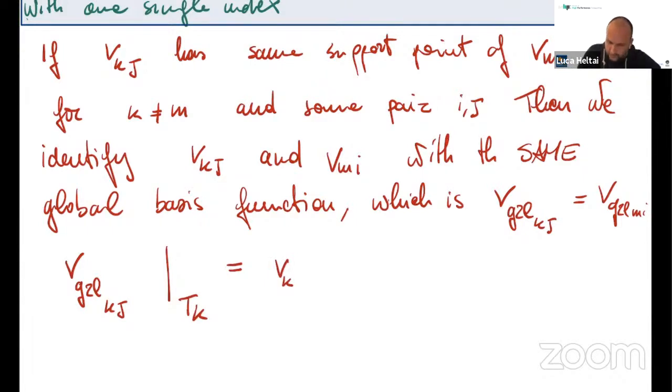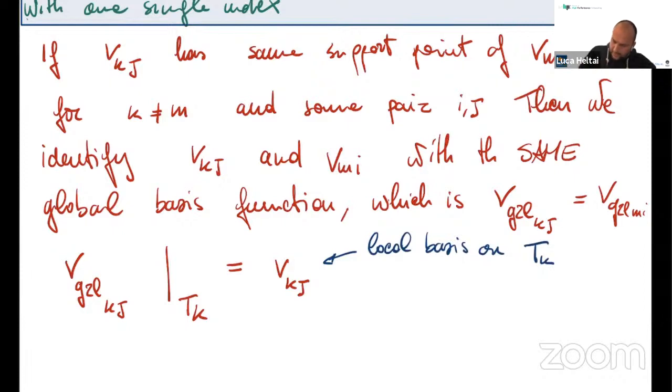Now I need to use different notation with respect to what I'm using there. So let me use v tilde k here. Actually, let me stick to the notation that I had before with the two indices. So this is v_kj. Okay. So these are local basis functions, local basis on Tk.